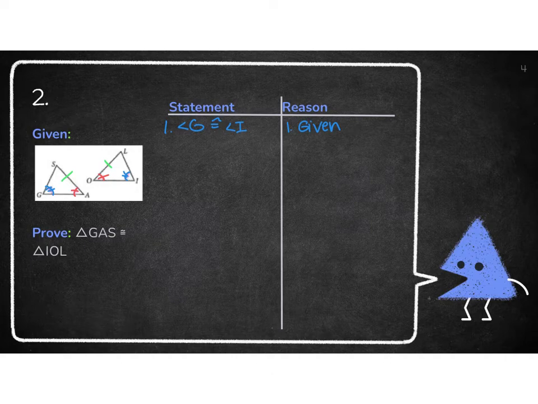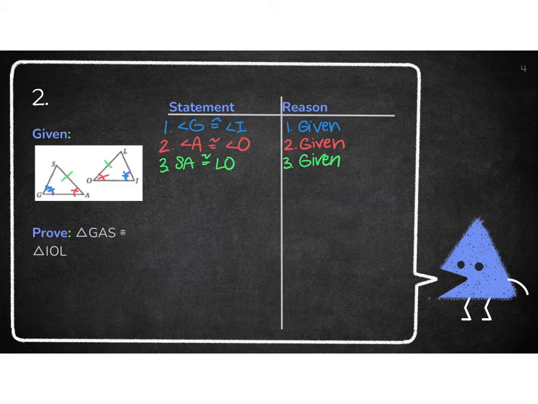We were also given, so the second thing was that angle A was congruent to angle O. Again, this was given to us. In the picture, it was marked. And the third thing is that SA is congruent to LO. And again, it was marked. It was given to us.